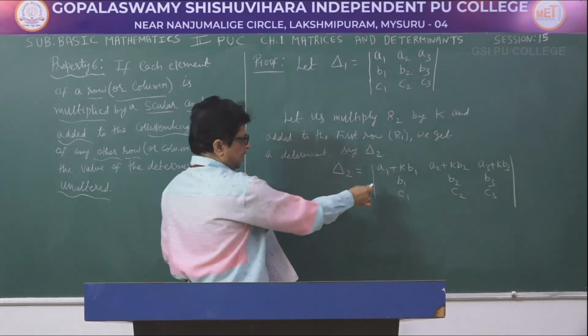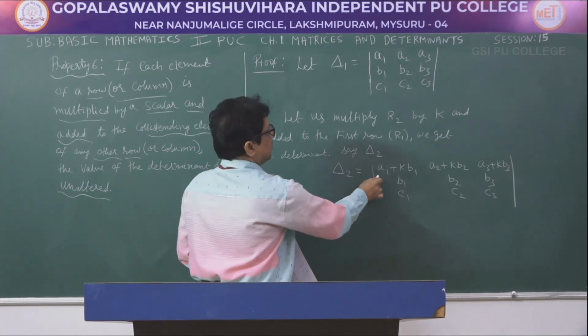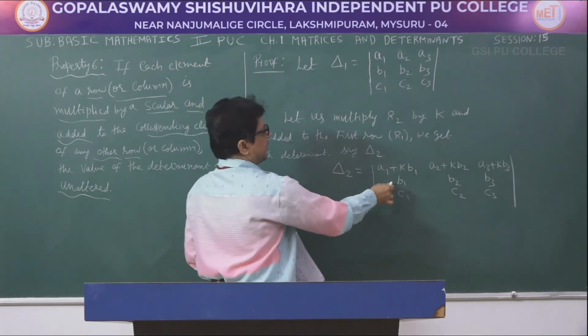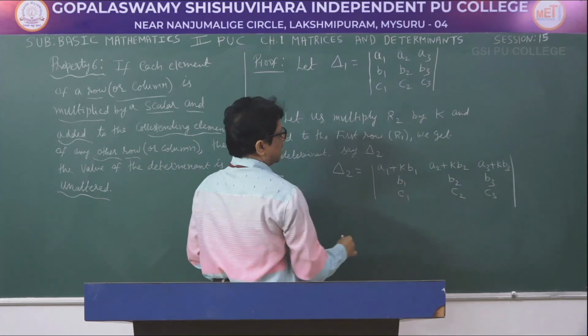Now here by using property 5, we can write this determinant as a sum of two determinants.